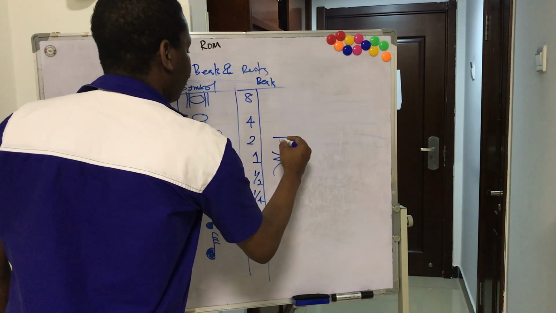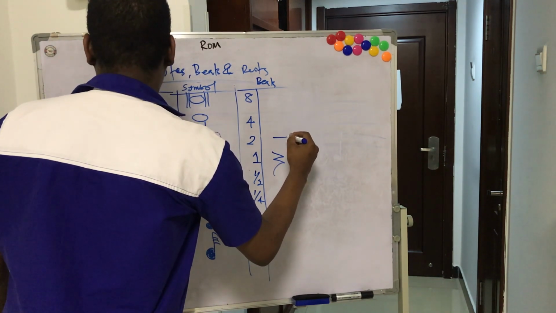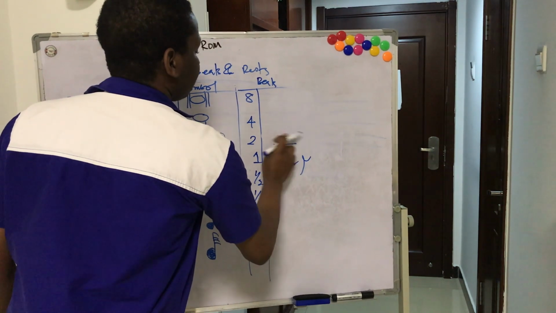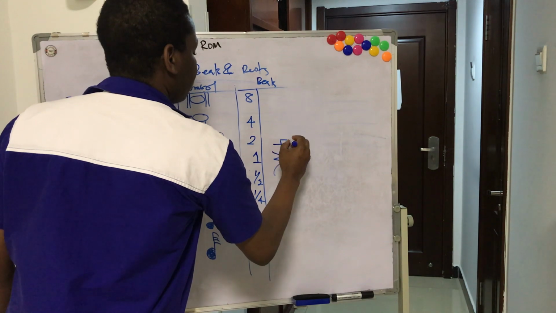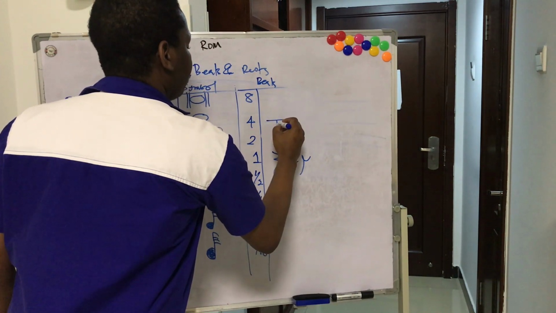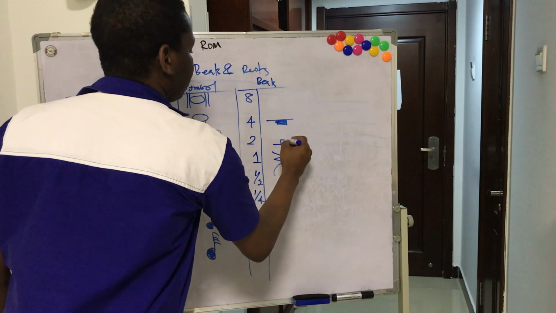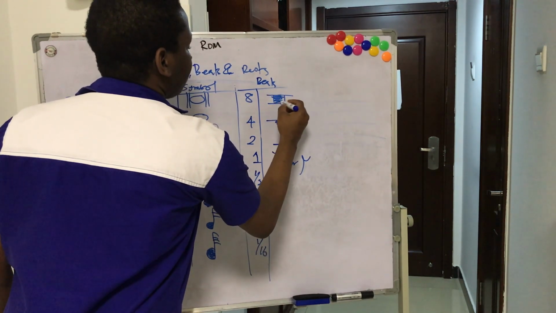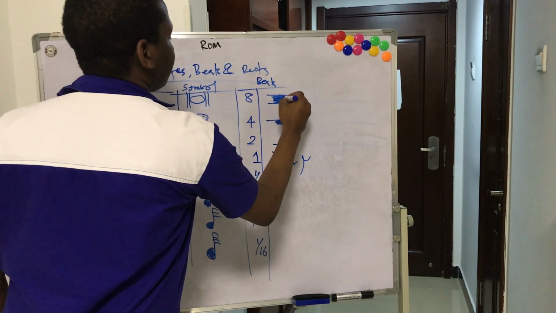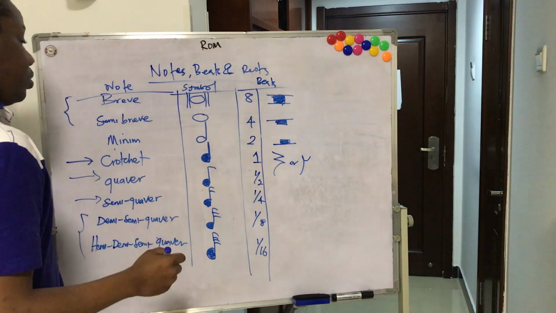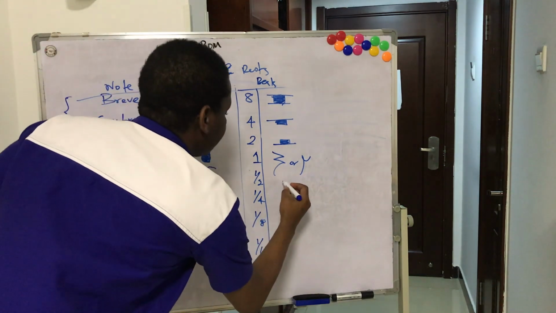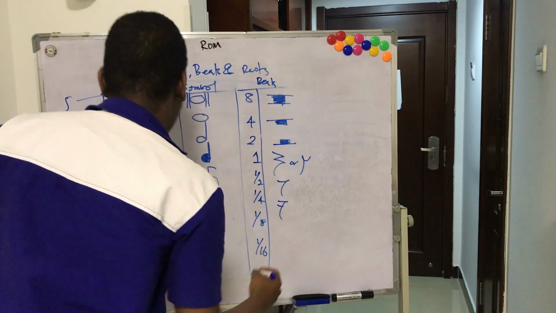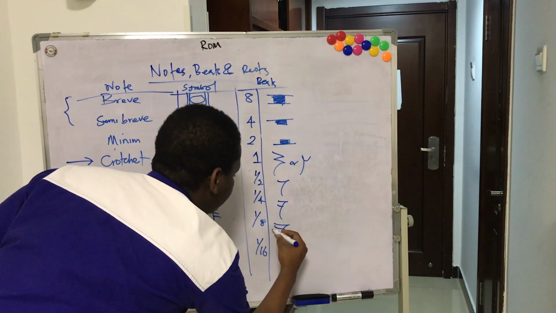Minim is the one down. This is the one up, shaded. This one has stuff like this. Quaver is 1, this one is 2, and of course this one is 3.